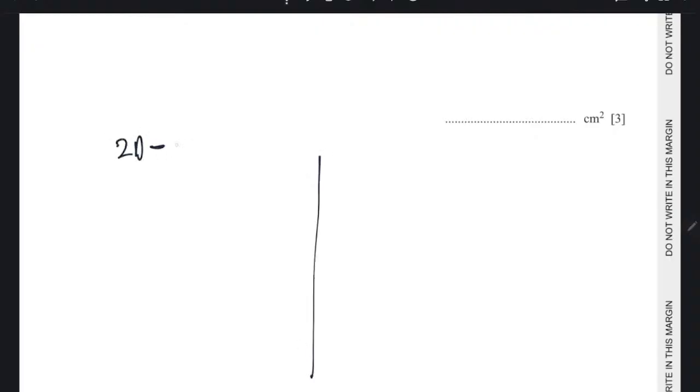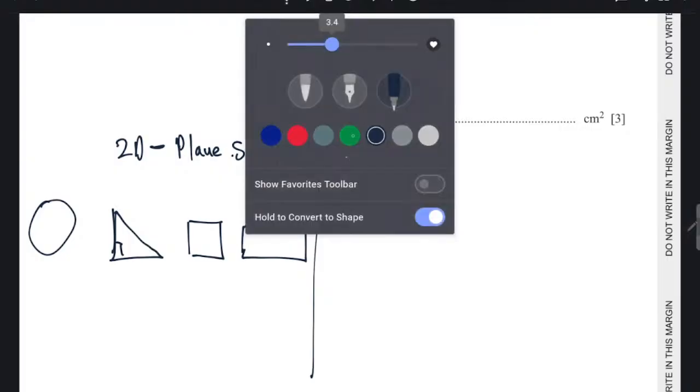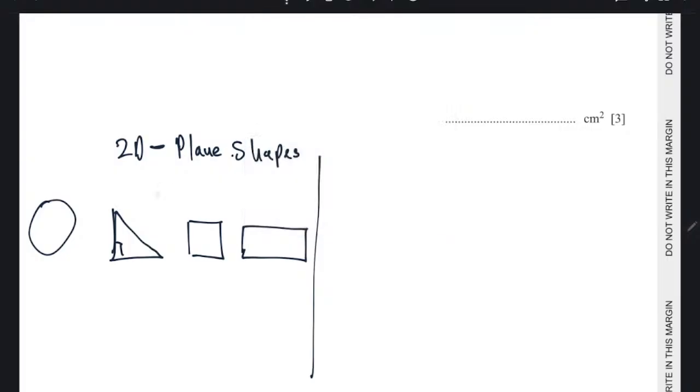They are also called plane shapes, as in plane of X and Y. These are circle, then you have your right angle triangle, then you have a square, then you have a rectangle. These ones, you get area for them because they are plane shapes.